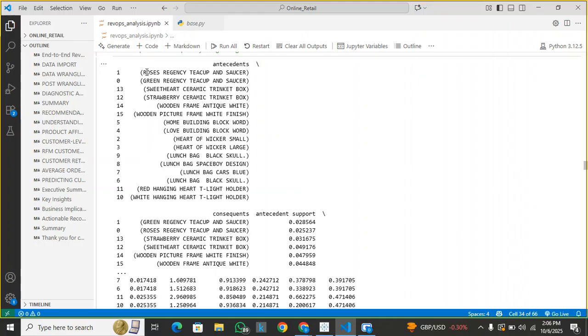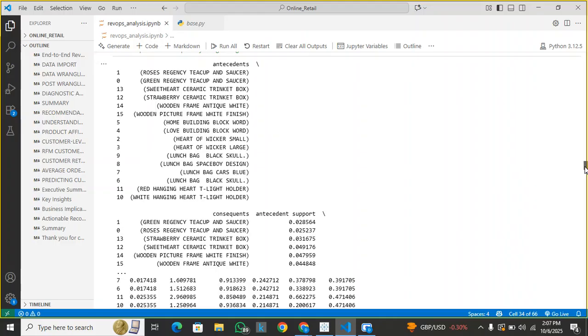If a customer buys the Roses Regency teacup and saucer, they are most likely going to buy the Green Regency teacup and saucer. If they buy Green Regency teacup and saucer, they are mostly going to buy Roses Regency and so on. So if they buy a particular product here, they are most likely to buy it the other way.